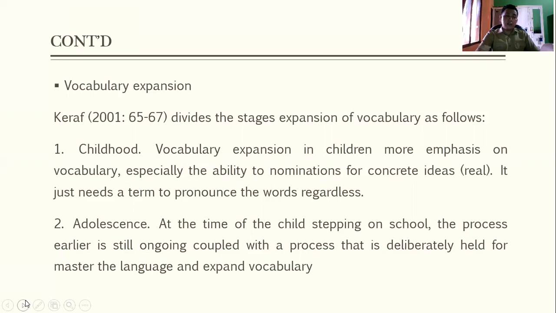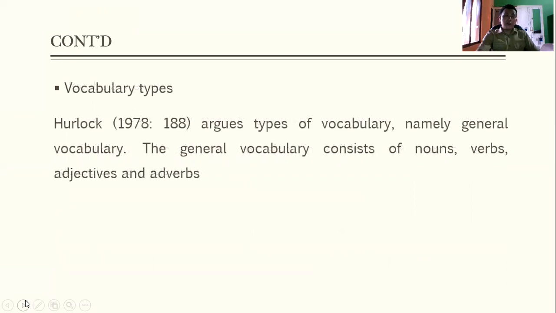Then in adolescence, when the child steps into school, the earlier process is still ongoing, coupled with a process that is deliberately held to master the language and expand vocabulary. Then the vocabulary types, according to Harlock, namely general vocabulary. General vocabulary consists of nouns, verbs, adjectives, and adverbs.